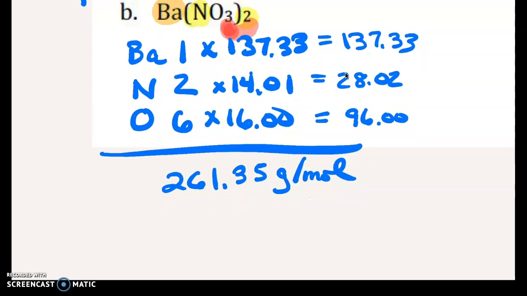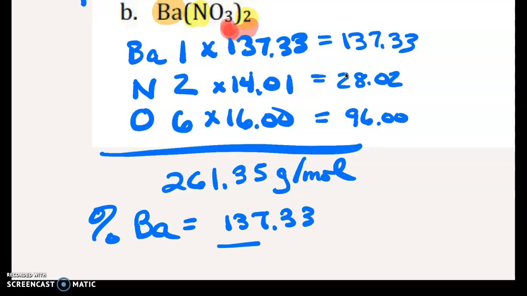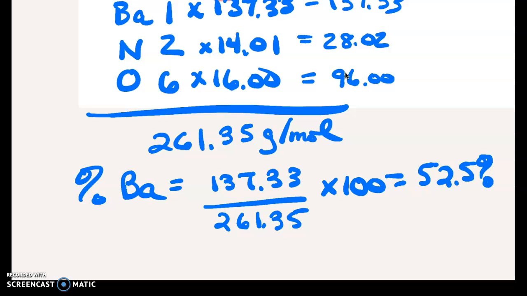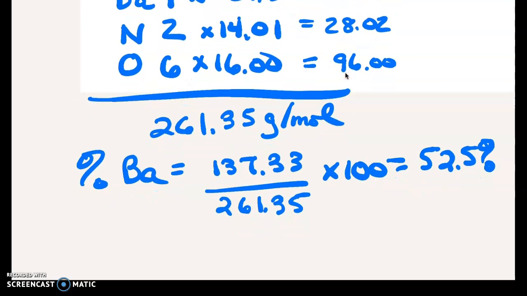So then, to calculate the percent barium, I'm going to take the mass of just the barium in that compound over the total mass times 100. When I do that, I get 52.5% of the compound by mass is barium. Then I would do nitrogen.